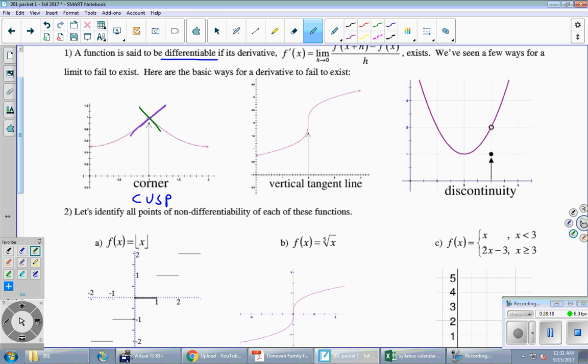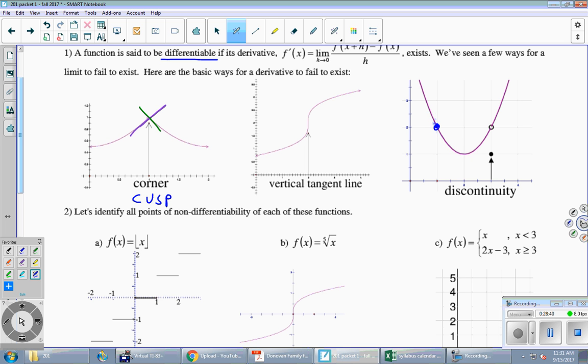Whereas if I were to focus on a nicer point like that guy, I could think about drawing tangent lines that are approaching this point, and I get something like that. They're a little smaller here, but don't they eventually merge to the same tangent line, no matter which side of the point you're on? But that's not what happens here for my corner.